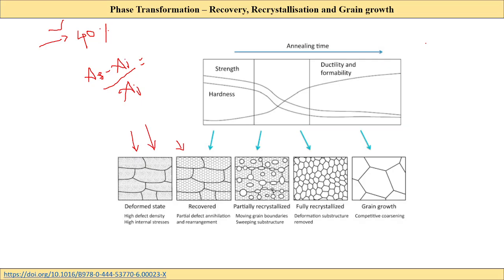Before, the dislocations were tangled, there were dislocations everywhere, with no specific arrangement, right? There were positive dislocations and negative dislocations, which were randomly arranged.